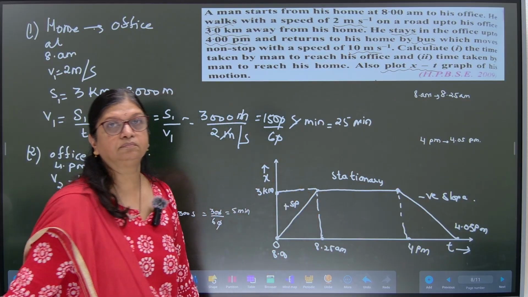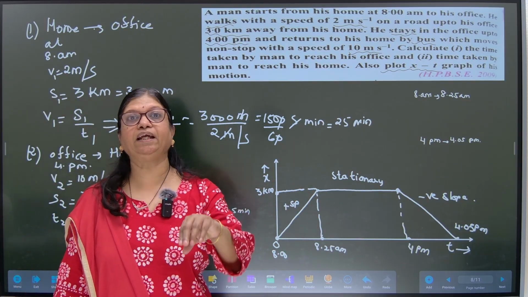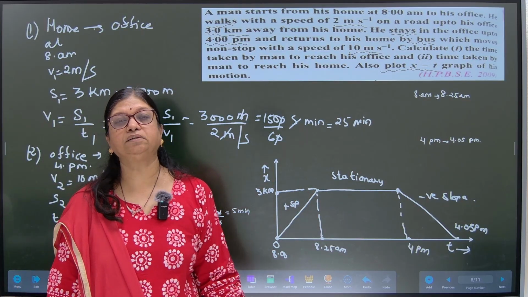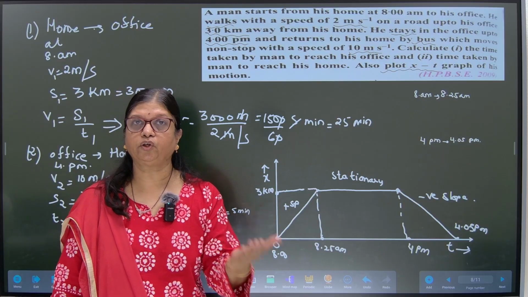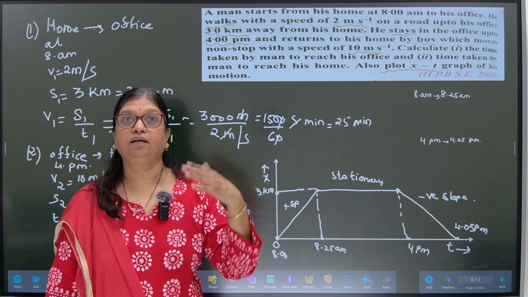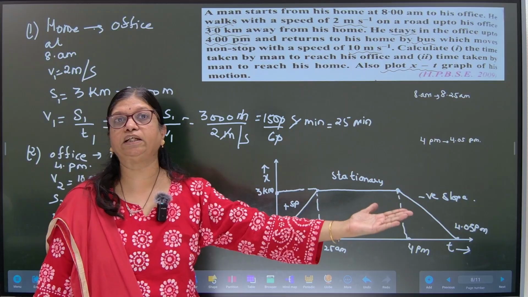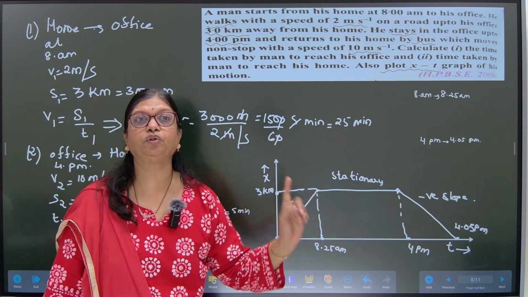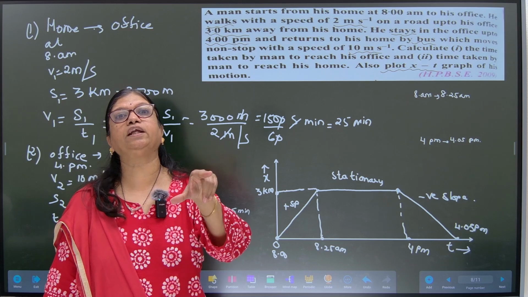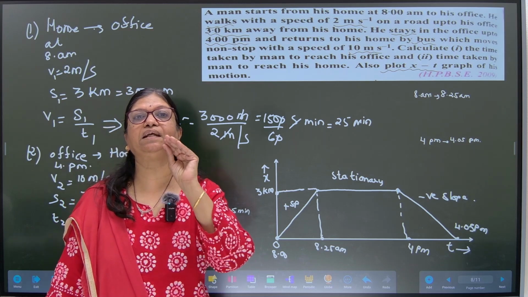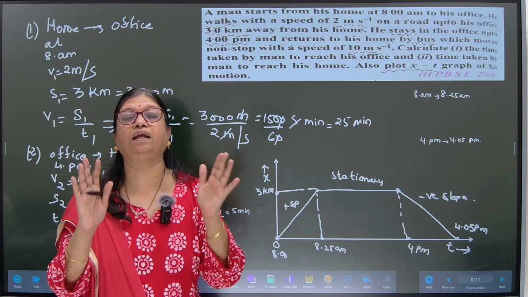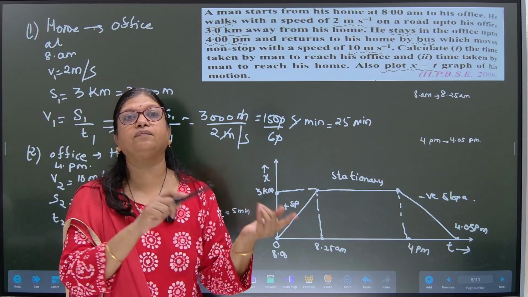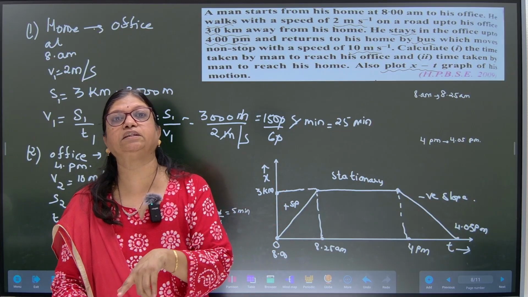Followed? So this kind of graphs can be asked to draw for your regular exam, or for an entrance, maybe the story is written and you are asked to recognize the drawn graph. So here I have used the knowledge of drawing the xt graph as a concept. As I said, with the numerical you can revise the concept, with the concept you can revise the numerical.